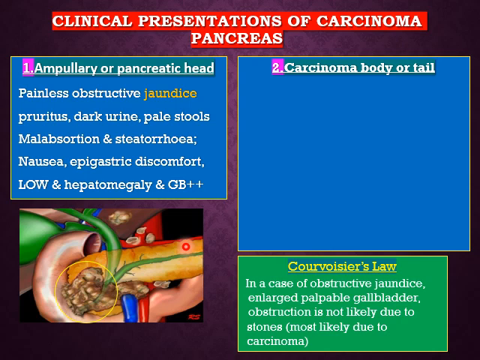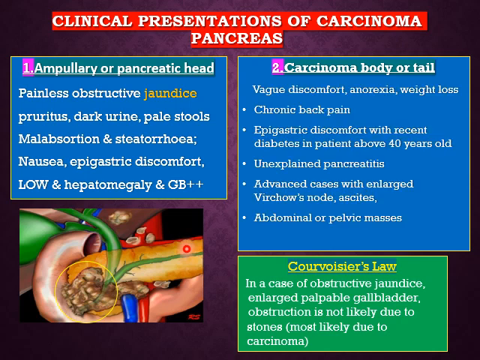The second group of tumors will be the carcinoma of the body and tail. The patient has vague discomfort, anorexia, weight loss, chronic back pain, and epigastric discomfort, with recent onset of diabetes in patients above 40 years of age, unexplained pancreatitis or unexplained acute pancreatitis, and advanced cases with enlarged Virchow's node and ascites, abdominal and pelvic metastasis.